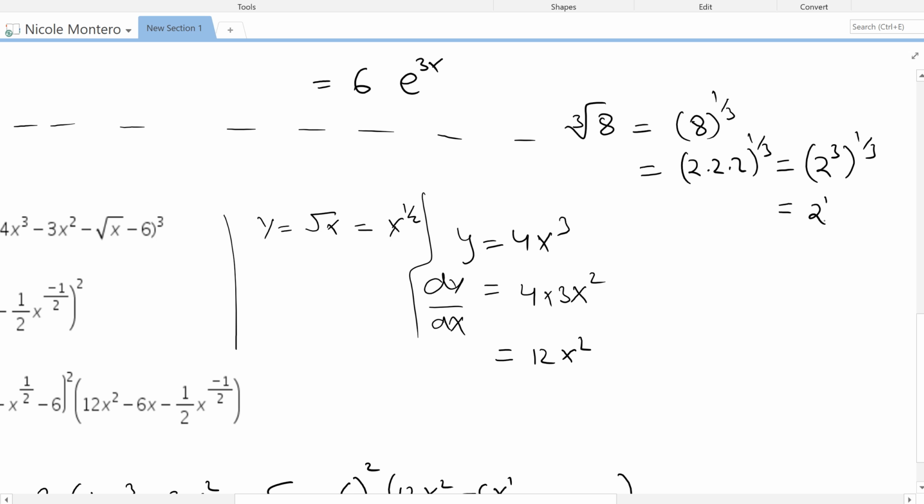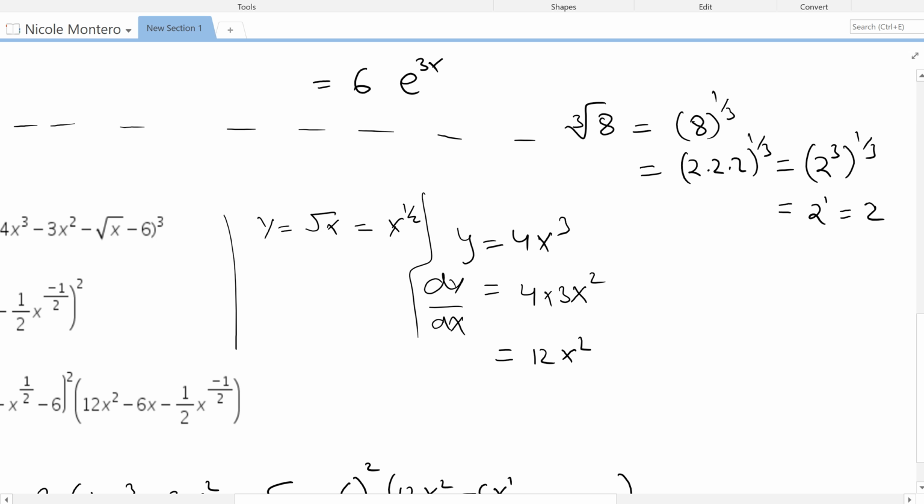So the powers multiply, so we got 2 raised to 1, which is just 2. So the answer of the cube root of 8 is 2. And you can even verify that if you cube 2, the cube of 2 means 2 times 2 times 2, which is 8, right?